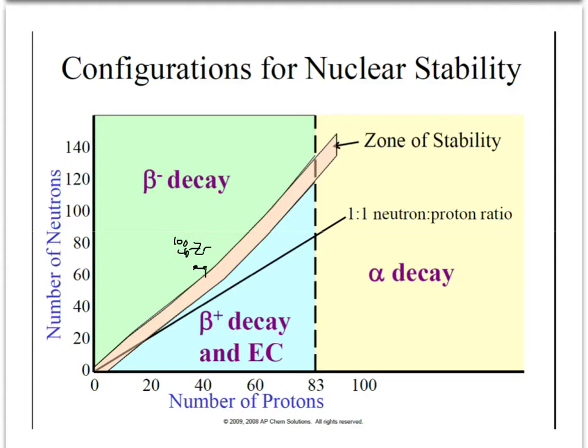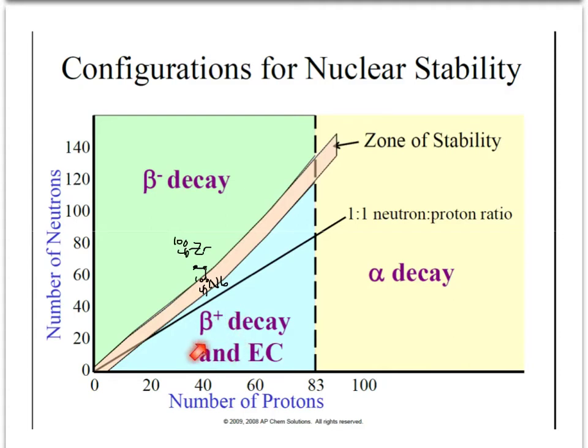So it'll add one more proton and drop it down, and so it'll then fall into the zone of stability. So zirconium would undergo beta decay. It would change the element into niobium. And so that new element that falls into the zone of stability would be Nb, which would have an atomic number of 41, and it would still weigh about 100.